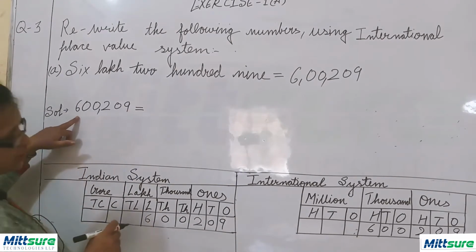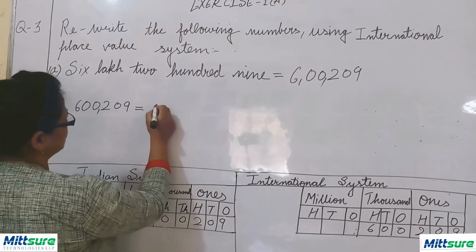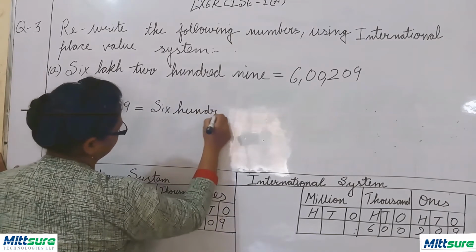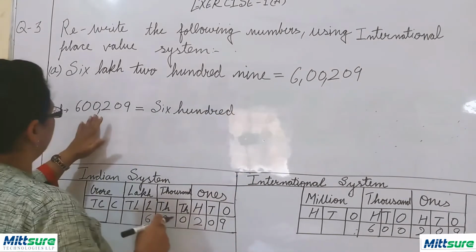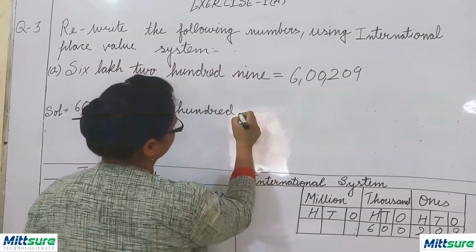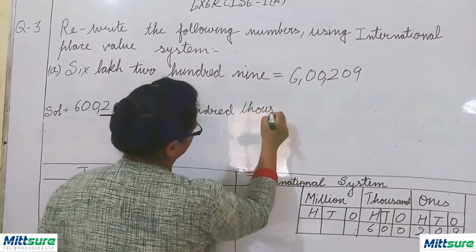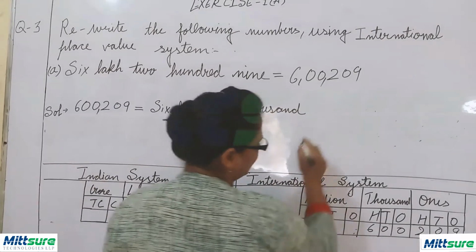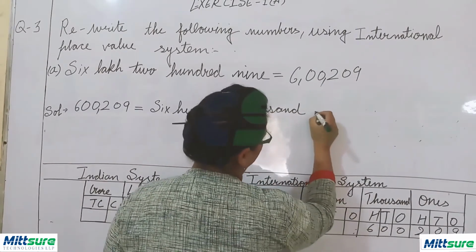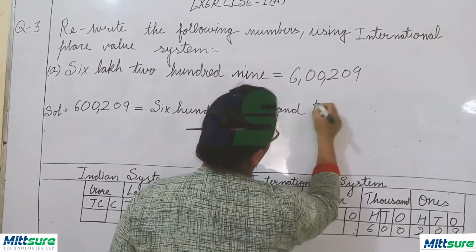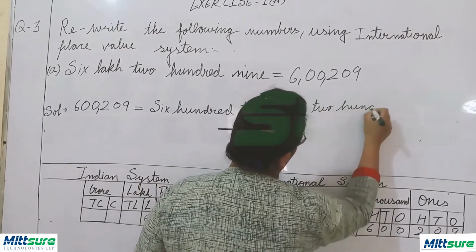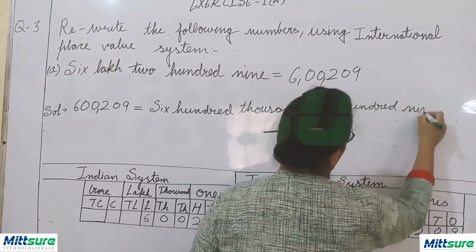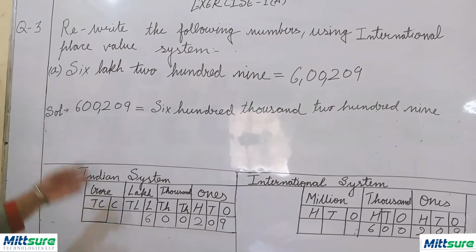That will be 600,000 209. Now this way we will convert.